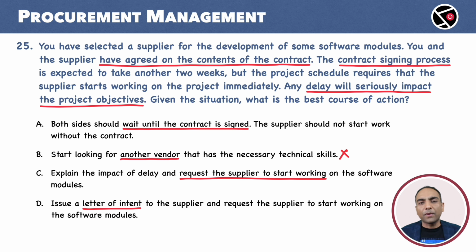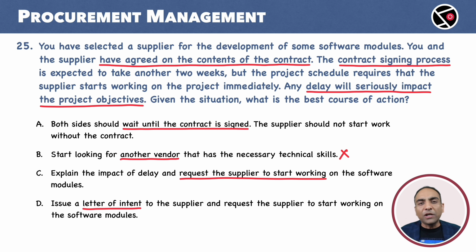Why? A letter of intent, as the name suggests, will document the intention of the buyer to assign development work to the seller. This letter is likely to also state the current status of the contract and the likely date by which the contract will be signed. Letter of intent, in most cases, is not legally binding. It implies a commitment to continue negotiating in good faith with an intention of reaching an agreement.